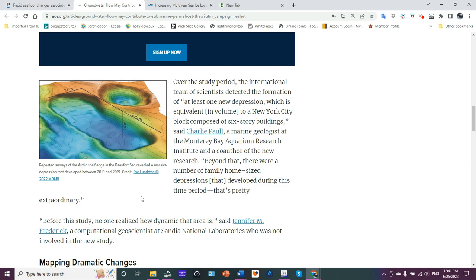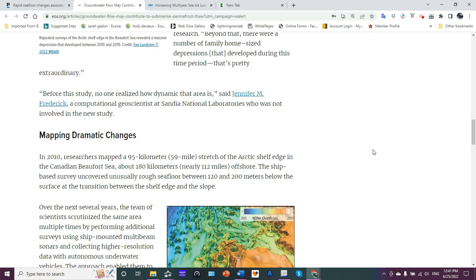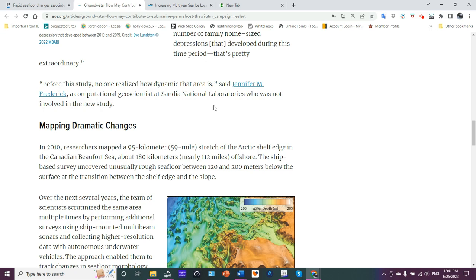So, rather substantive. And they had a statement from Jennifer Frederick, who's a computational geoscientist at the Sandia National Laboratory, not involved in the study, said, well, I guess the area is a bit more dynamic than we thought.